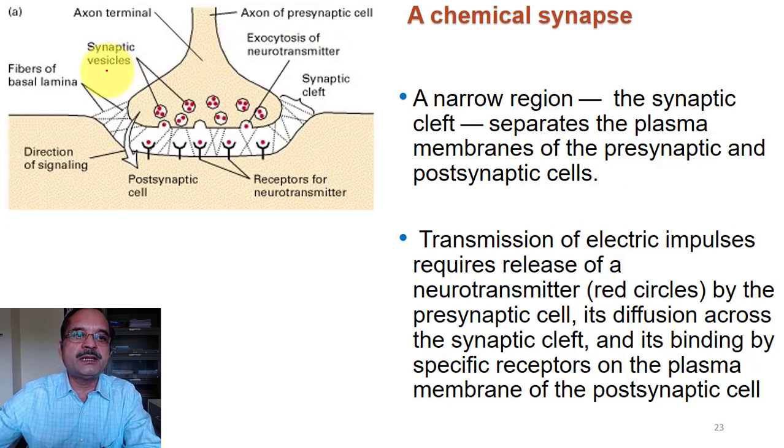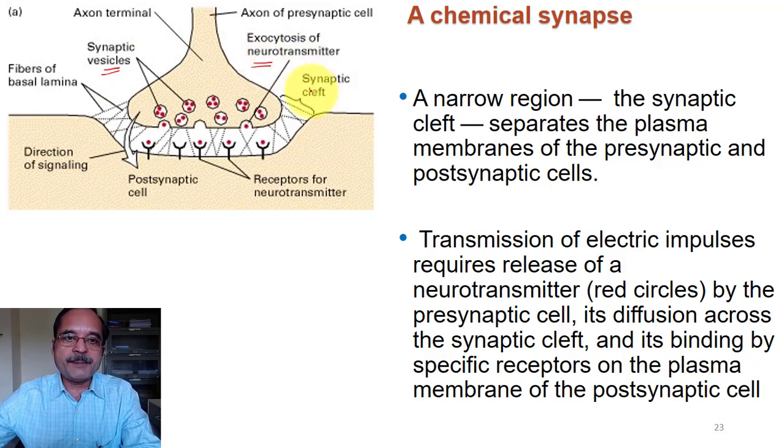As you can see in this diagram, the synaptic vesicles are filled with neurotransmitters. The postsynaptic cell can be a dendrite or cell body of another neuron, a muscle or a gland cell, or even another axon.